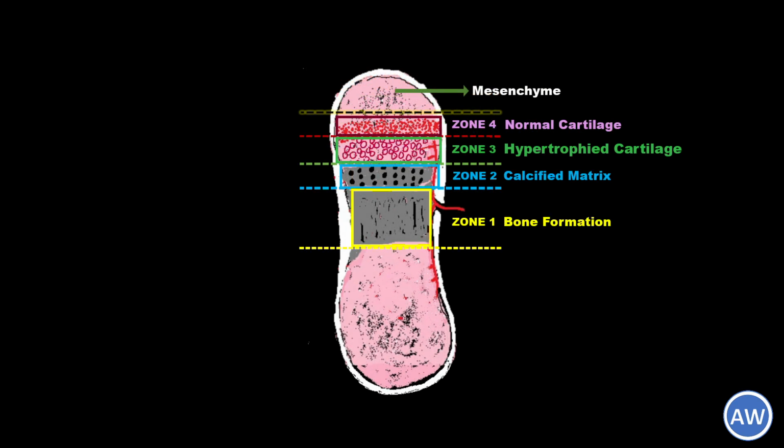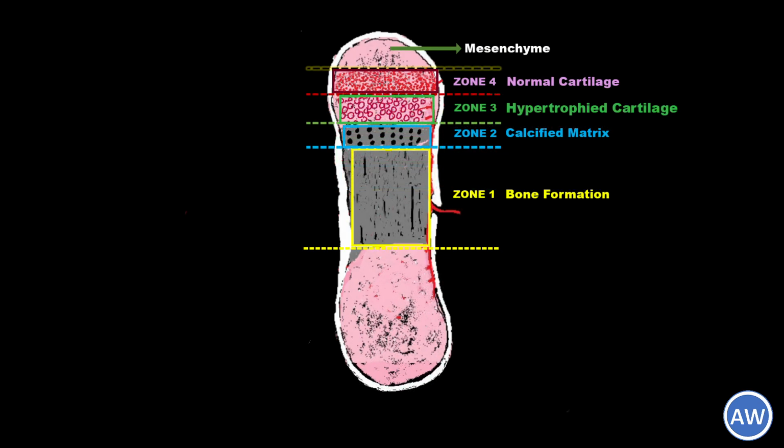Simultaneously, the cells present in zone 3, that is the hypertrophied cartilage cells, will die and the matrix will be calcified. So zone 3 has now transformed into a zone of calcified matrix, or zone 2.